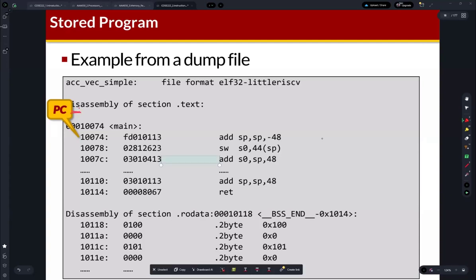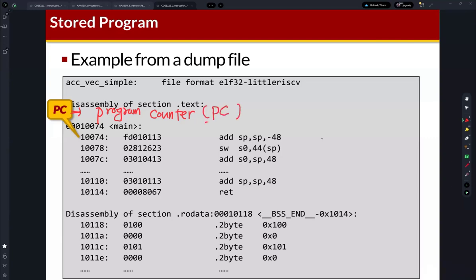This address is called the program counter. You need to understand this concept. And the program counter is also called PC, an abbreviated form. So you can find the PC here.